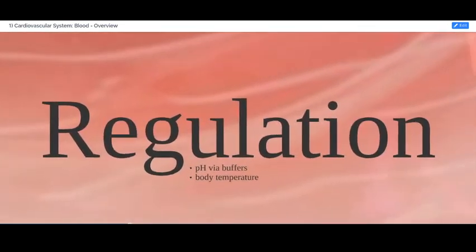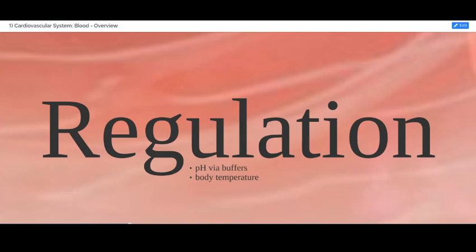The blood is responsible for regulation, of which there are many things that could be explained. But the two I want to point out here, because they're rather important topics that are covered at various points in A&P, is regulating pH of bodily fluids and regulating body temperature. Now, one important part of regulating pH, keeping the acidity or alkalinity of the bodily fluids under control, are molecules called buffers.